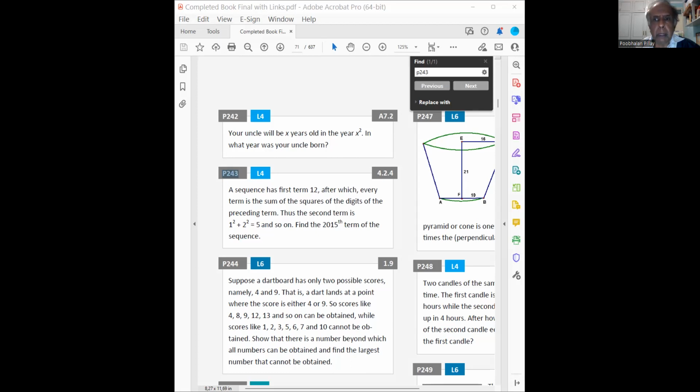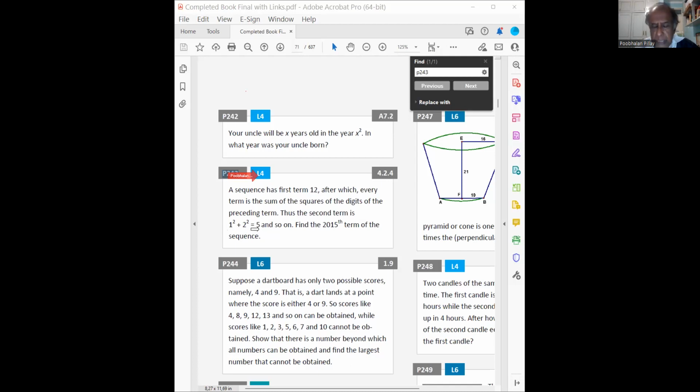So if you start with 12, the digits are 1 and 2, and the next term will be 1 squared plus 2 squared, which is 1 plus 4, which is 5. And it goes on like that.